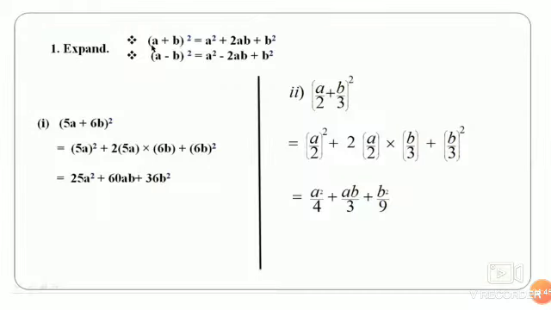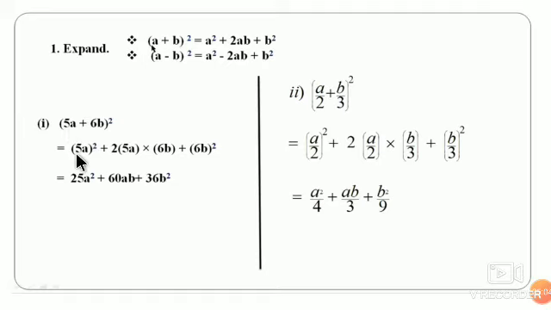Here the formulas are written. While solving every time you have to write the formula here. Plus sign is given, so you should write this formula: (a plus b) whole square, a square plus 2ab plus b square. Okay, this is the example.